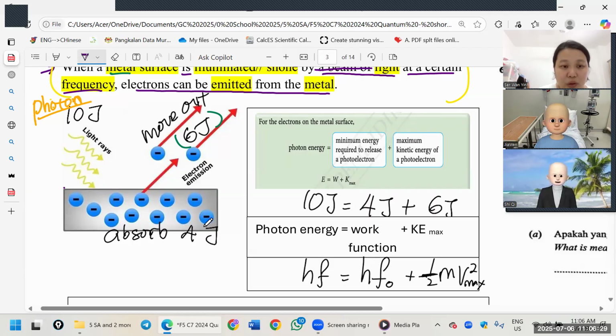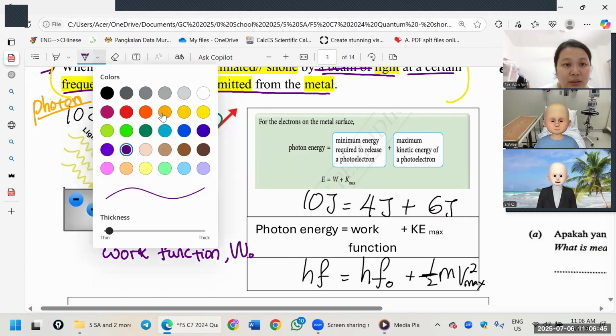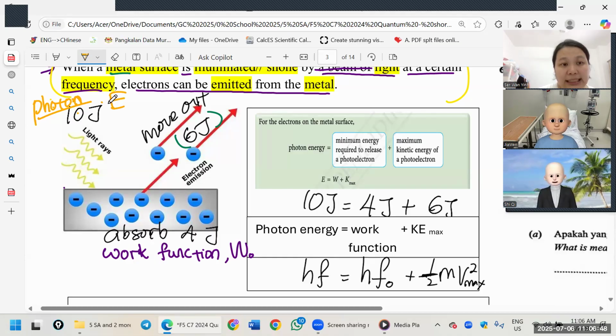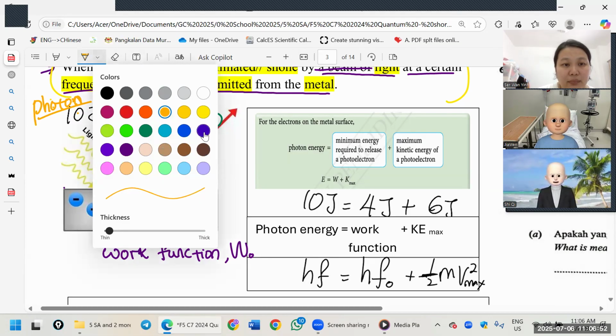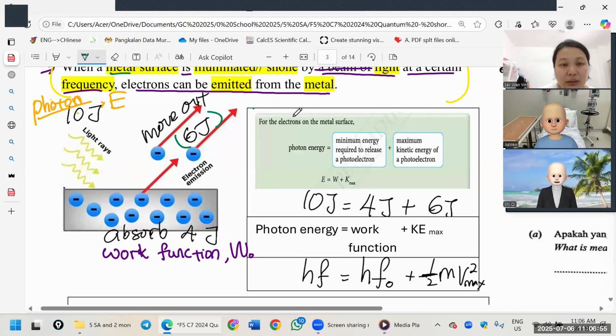This energy used to break the bond, we call it work function, W naught. Photon, by the way, the symbol is E. Then come to the last. What is the name of energy that moves an object?